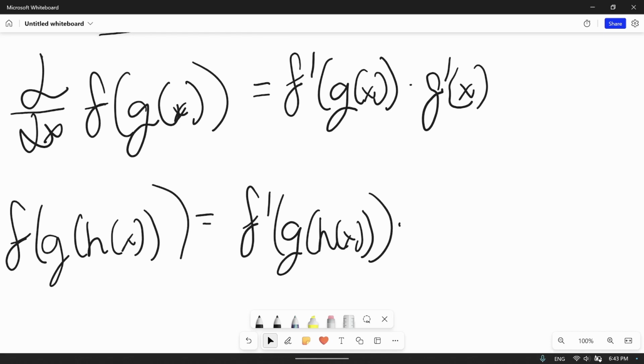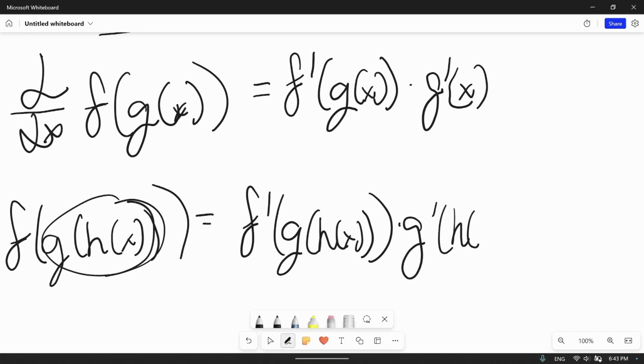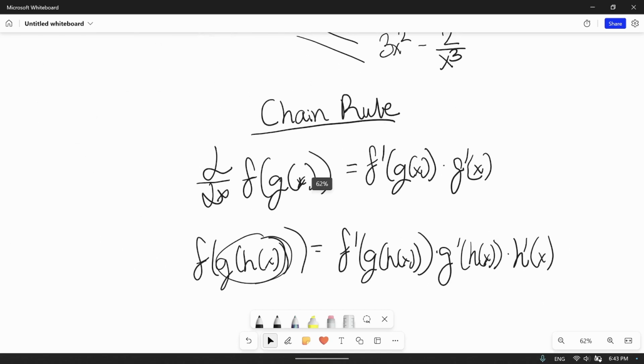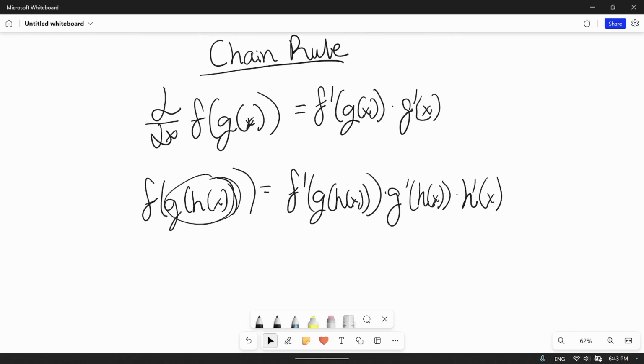Then you would take the derivative of the inside again, so it would be g prime of h of x, then multiplied by h prime of x. So it can actually keep on expanding, just saying. So that's basically it.